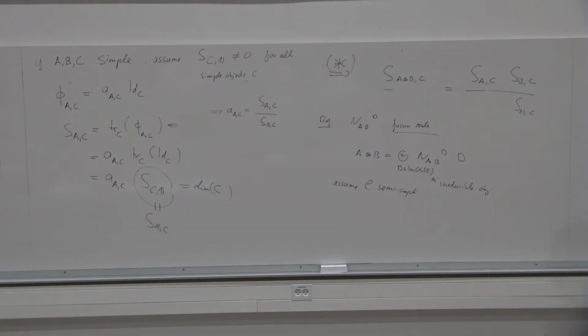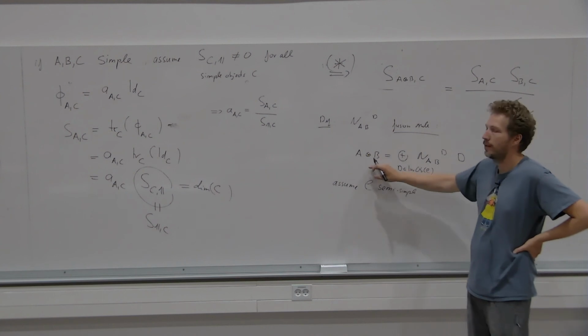I also don't understand why you care if A and B are simple. I want to write a formula for N_AB^D. Yeah, sure, but why do you care if A and B are simple? In the definition you wouldn't need to, I guess. No, I also don't need it in the definition, but I want to have a formula for the fusion rules where A and B are simple, right?